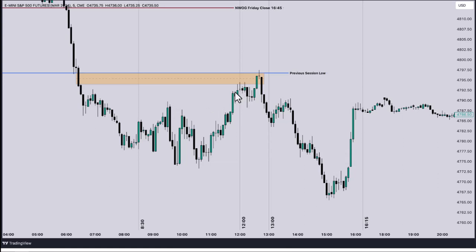And then during lunch, or previous to lunch, it created a little bit of a buy side, which is a fair value gap with the 5-minute, the previous session low, and the buy side created here, which is equal highs. Lunchtime tends to take out those buy sides and seek liquidity, so it took out the buy side and it's running for the sell side.